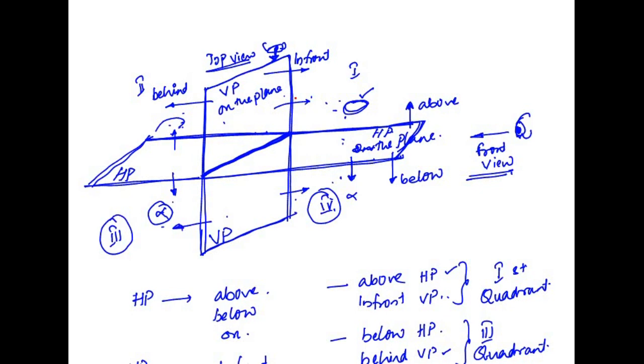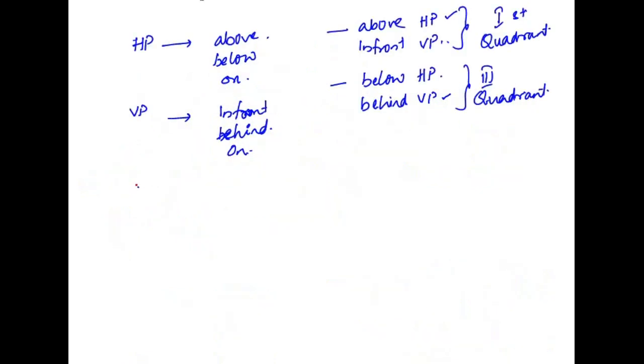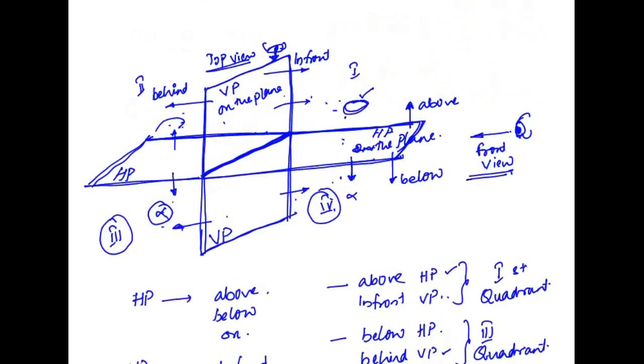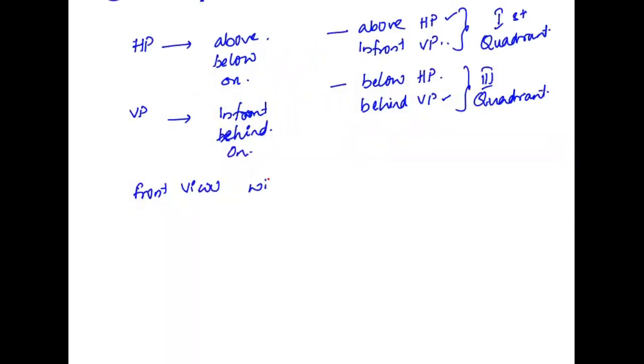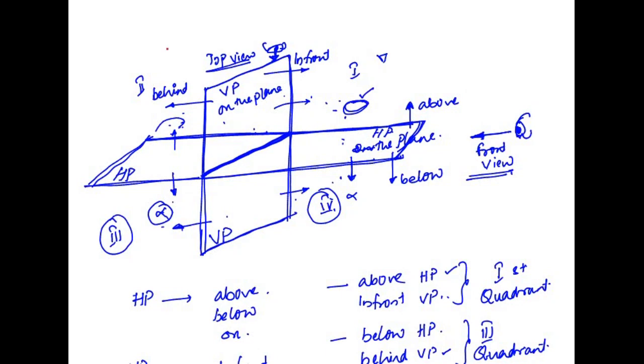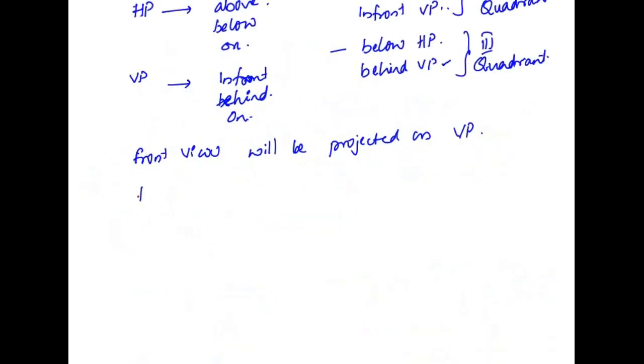And we have only two views. One is the front view, that is seeing from here. This is the front view, and it will always be projected on the vertical plane. Similarly, we have the top view, where you are seeing from the top. See here, I have already drawn it.